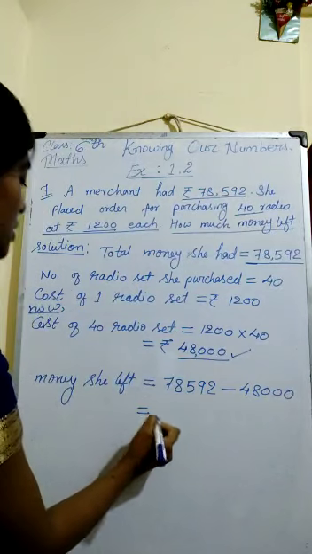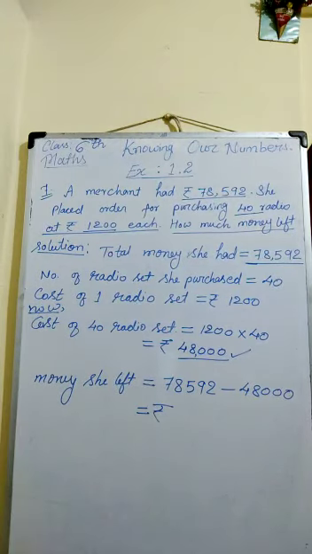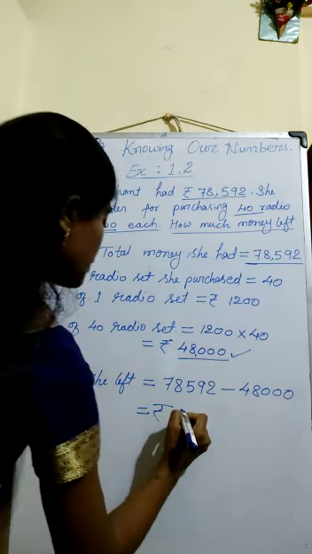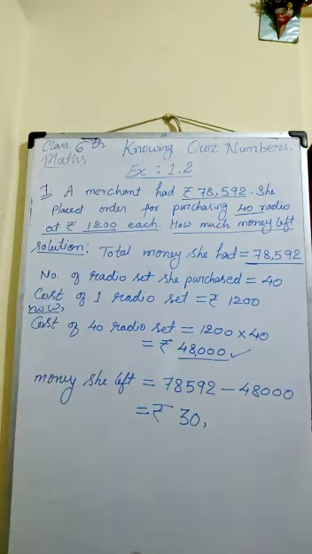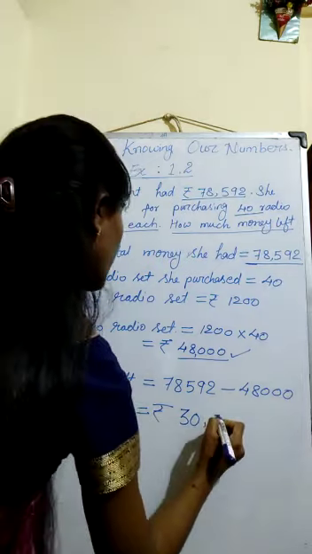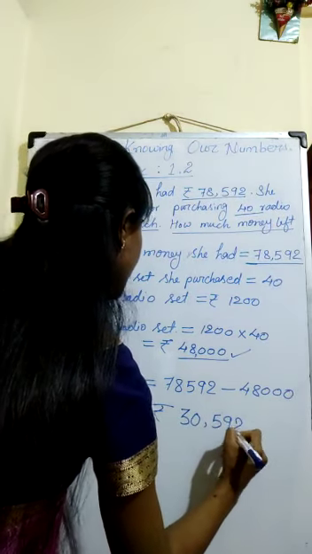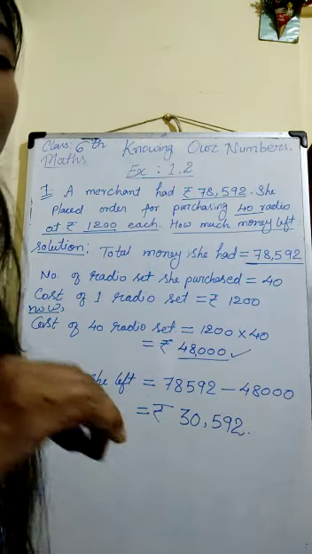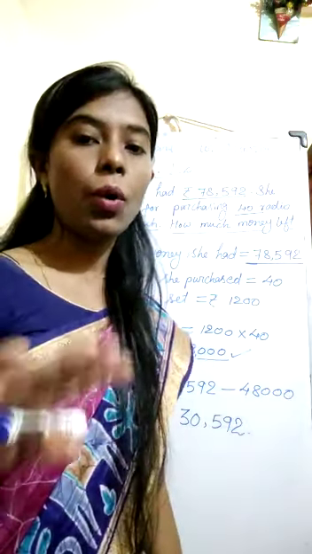You know the process of subtraction. Subtract these two values, and you will get 30,592 rupees, which is left with the merchant. Hope it is clear.